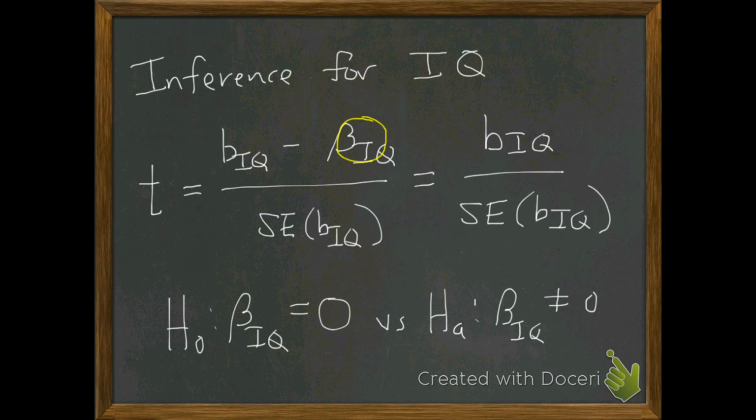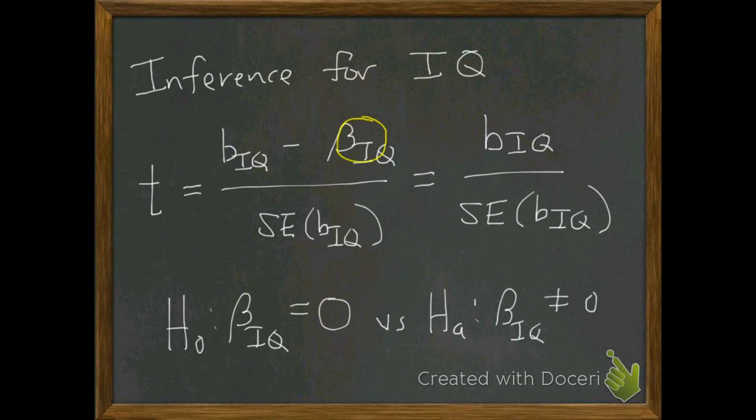We'll keep a running total here. We can go back to R. And what was our beta estimate for IQ? Well, we got that back there when we calculated B. And remember, the first was our intercept. The second was LSS.